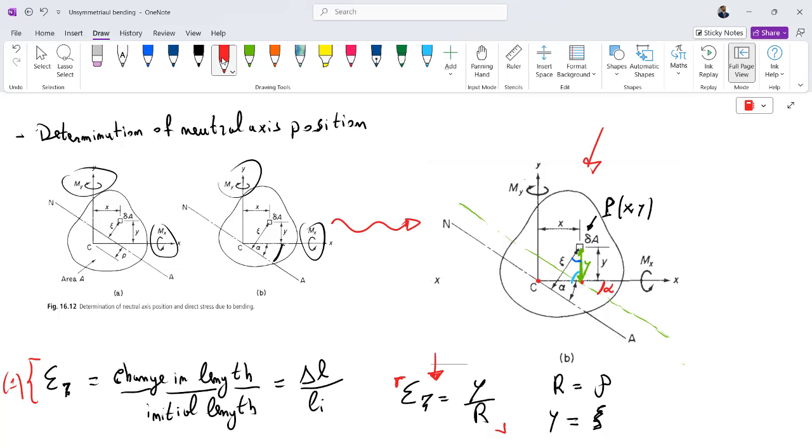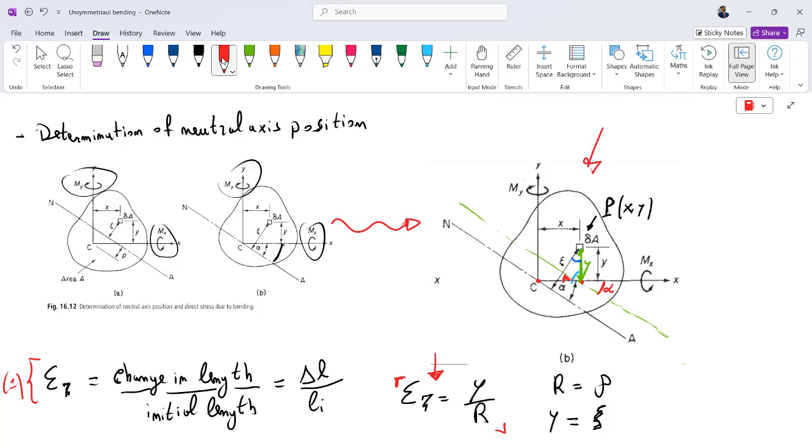So the inclination of this green axis with respect to the x-axis is also the alpha angle. So this angle highlighted here is alpha, and the angle drawn with the light blue pen is 90 degrees.